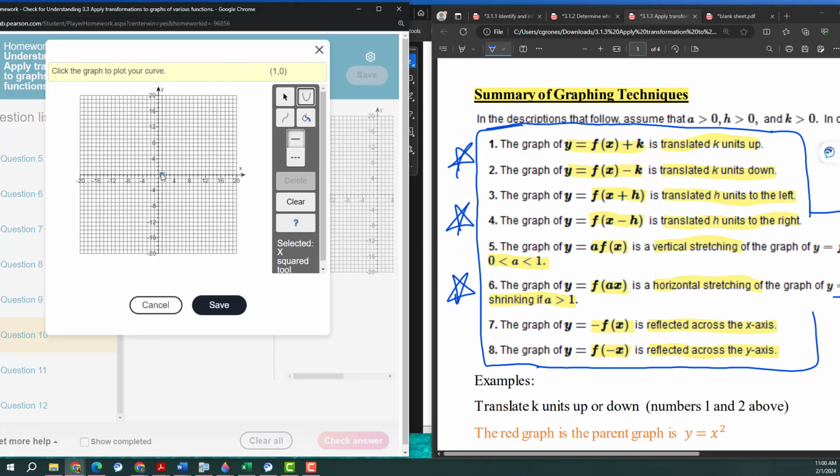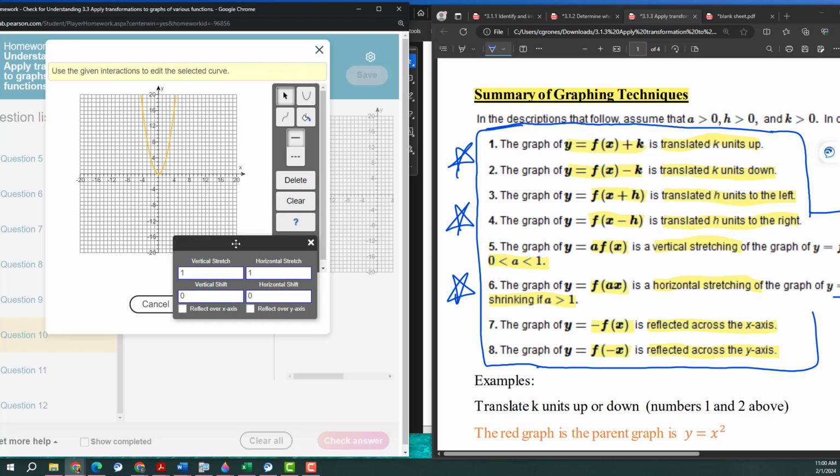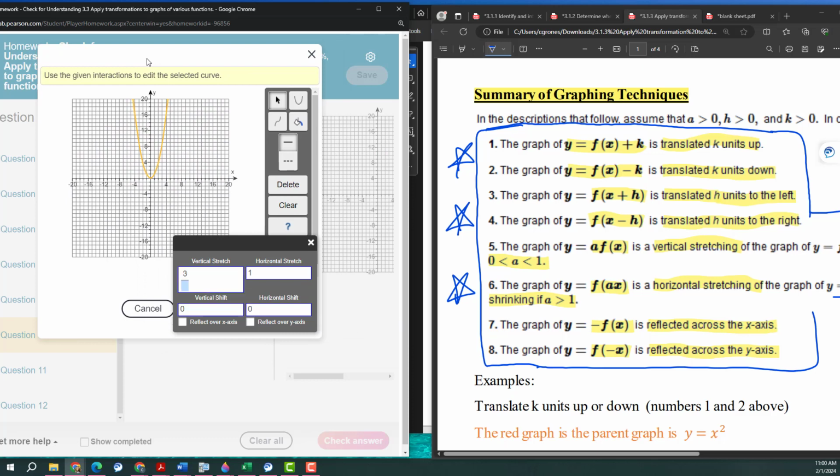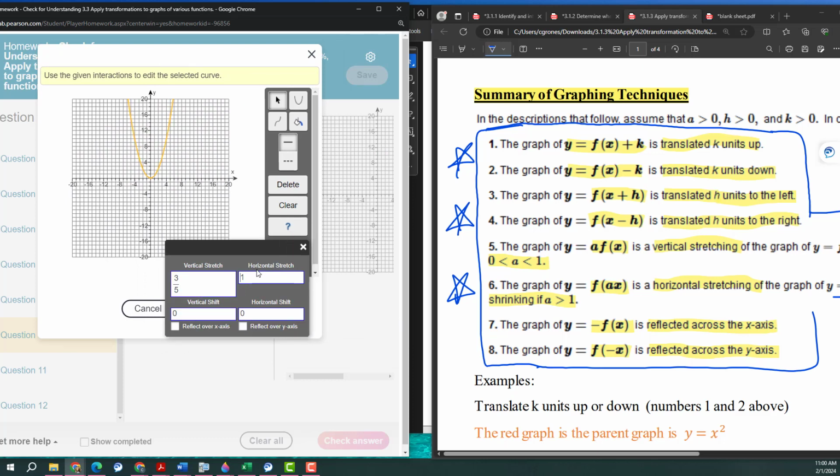So we're going to start with our parent graph. I'm just going to go ahead and click since this thing pops up. So remember, we have a vertical shrink. So I'm going to change this to 3/5. And then we have a horizontal translation.